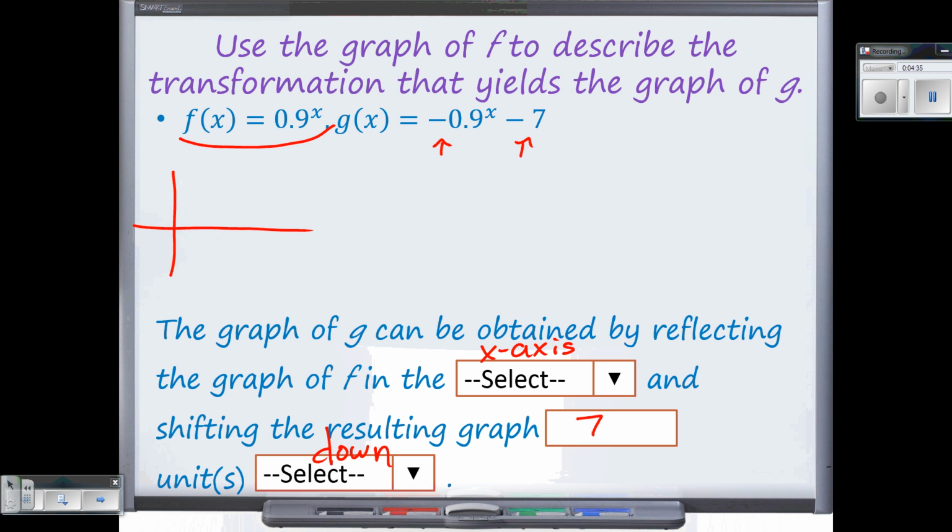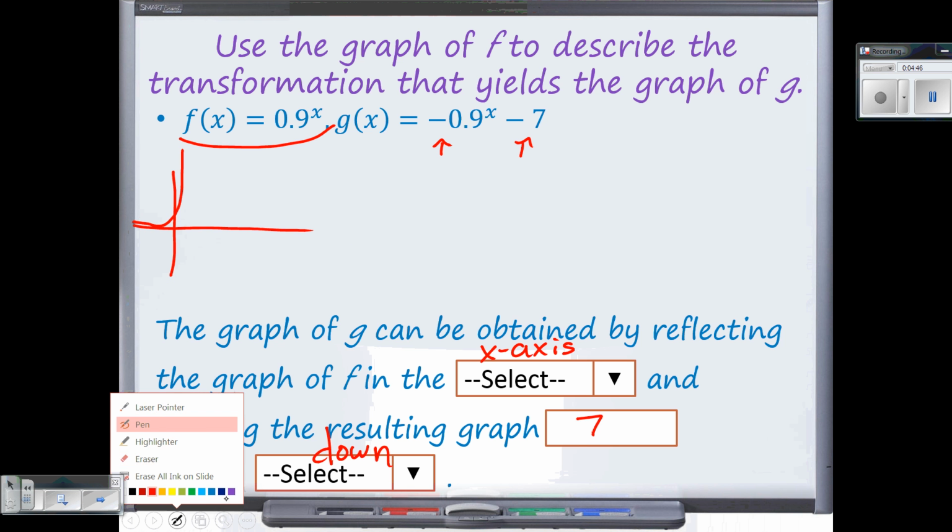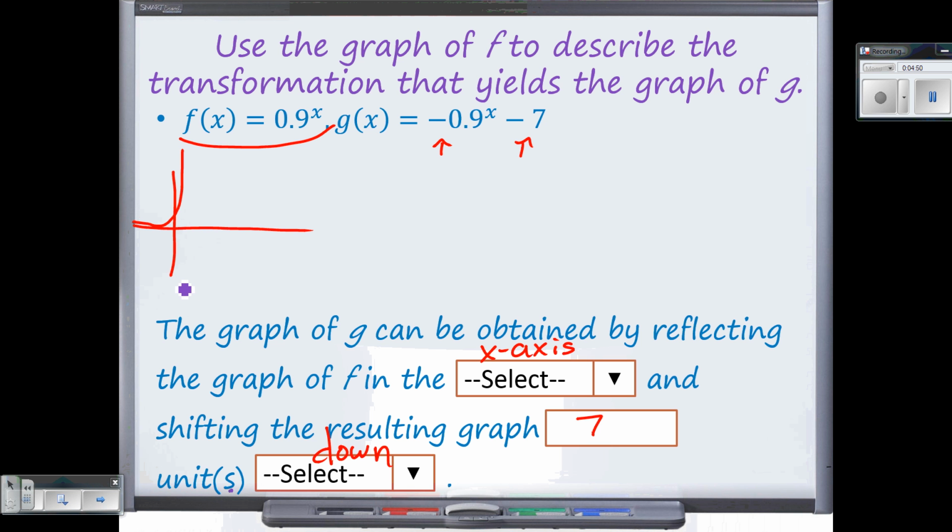F of x equals 0.9 to the x. It's going to look like this. Whereas my other equation is going to be way down here and go like this. Oops, wrong. There's 2 shifts on that one. I apologize. Won't look exactly like that.